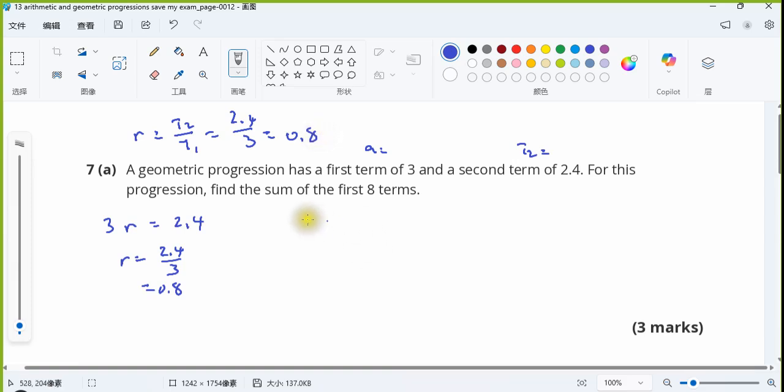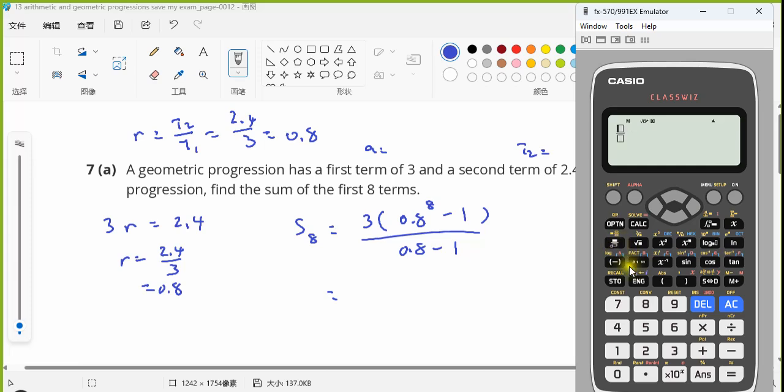Okay, so we want to find the sum of first 8 terms, then 3, then 0.8 power 8 minus 1 over 0.8 minus 1. So we have 3 times the 0.8 power 8 minus 1, and then over the 0.8 minus 1.